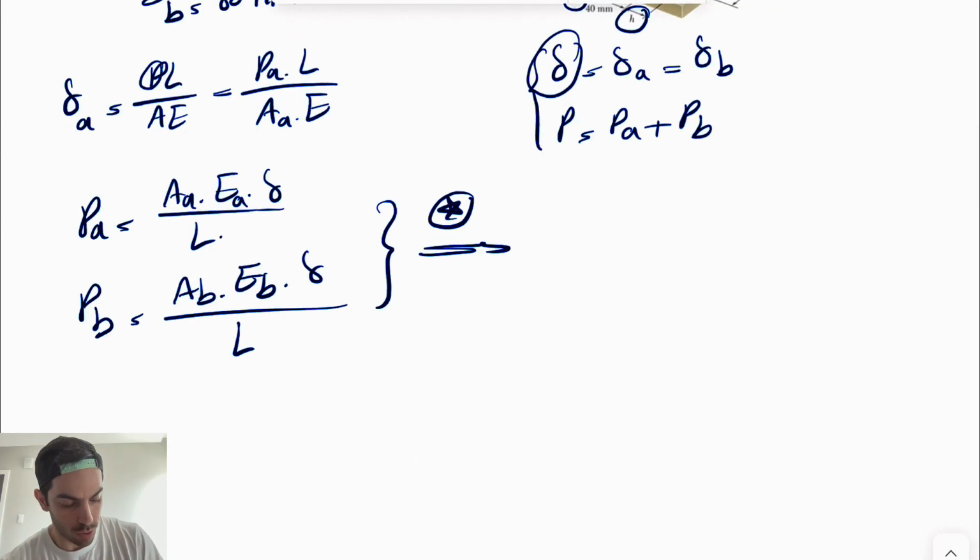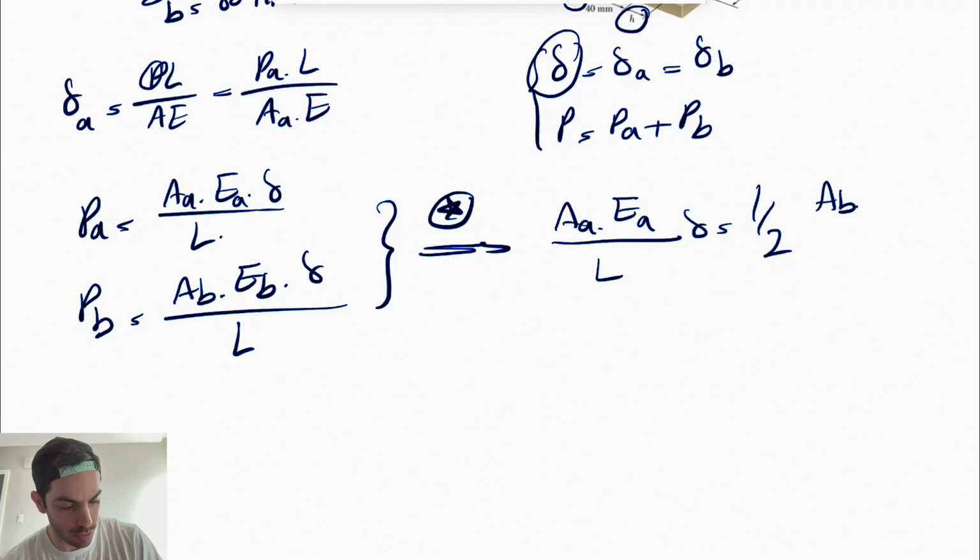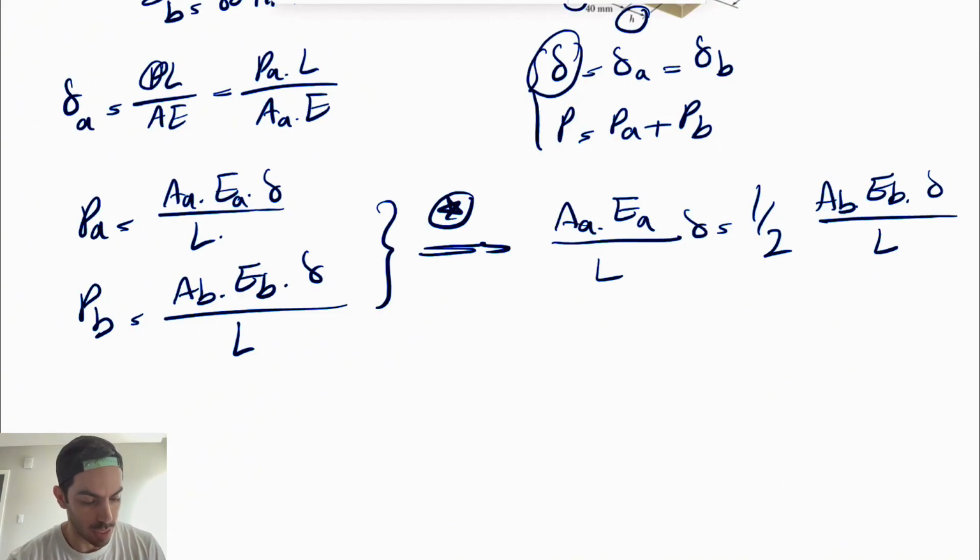So PA equals area of the aluminum, elastic modulus, length, delta, which is actually 1/2 of PB, area of the brass, elastic modulus of brass. We can cancel delta and L as they would be the same.